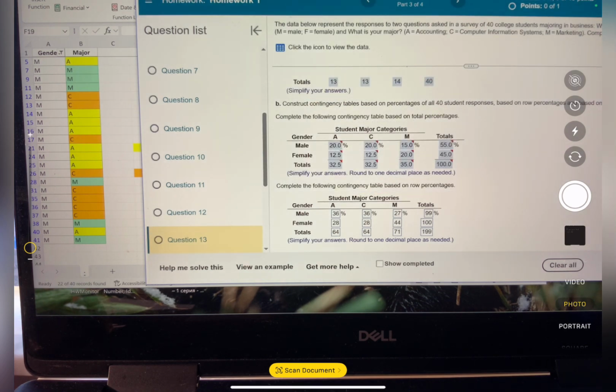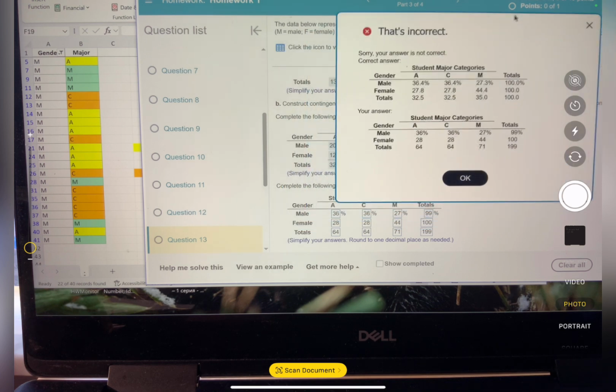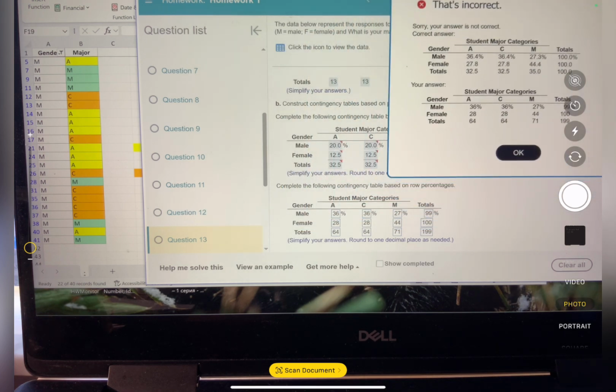Okay, I need to check. Here it is. I see. So we did everything correct.